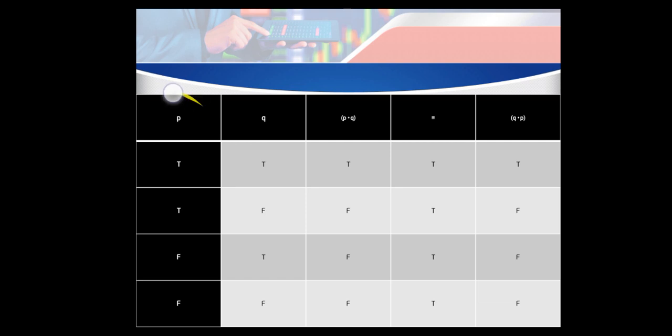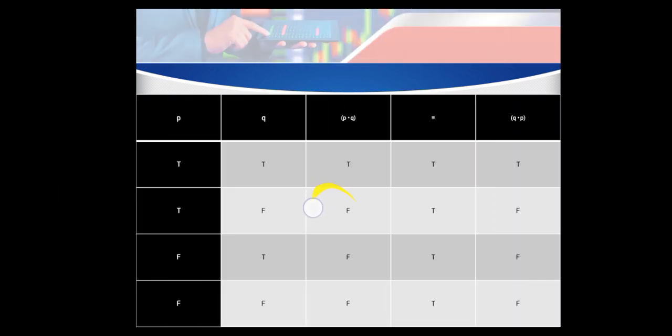For example, for P we have T, and T is equal to 5, and F is equal to 2. If we find the minimum value, the minimum value is F, because F is equal to 2. And again, whatever the result of this one is, it is also the result of this one, because they are equivalent.